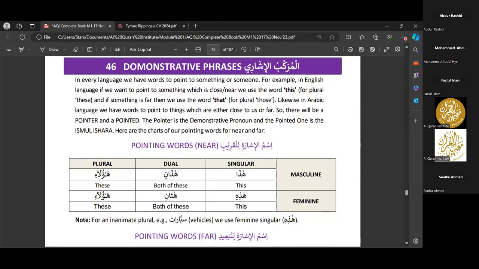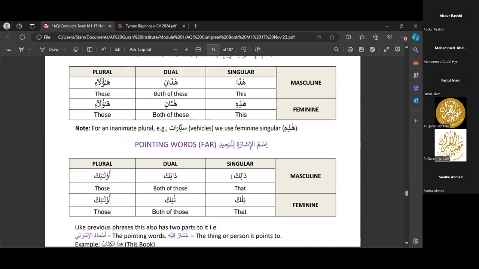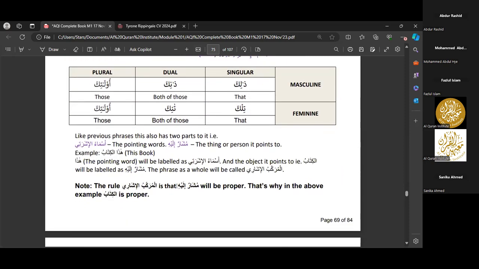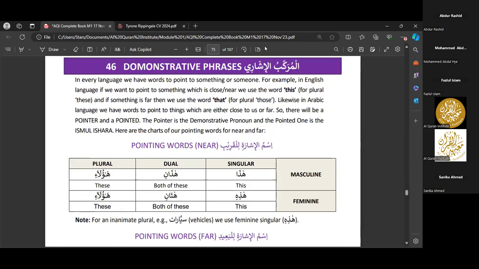Let us do a quick test. What is the takeaway from this lesson? While the page is still open, I'm reminding them, everybody knows, but we have to do a quick test, as it's the ending of our module 1.